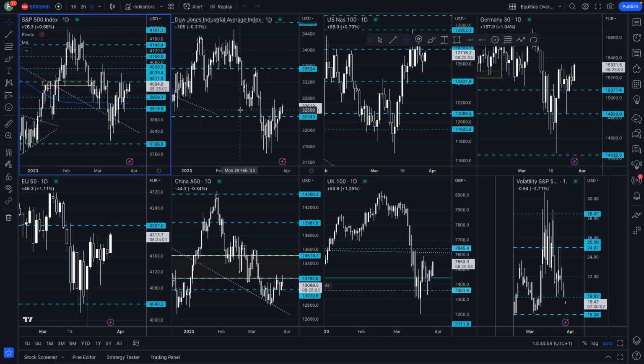Now, a lot of those banking fears have faded, but they haven't disappeared. So as long as those banking fears remain, then stock markets could sell off quite quickly. Why? Because stock markets fear a repeat of the 2008-2009 global financial crisis.